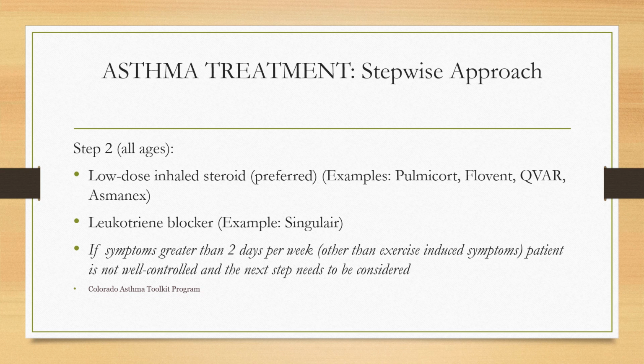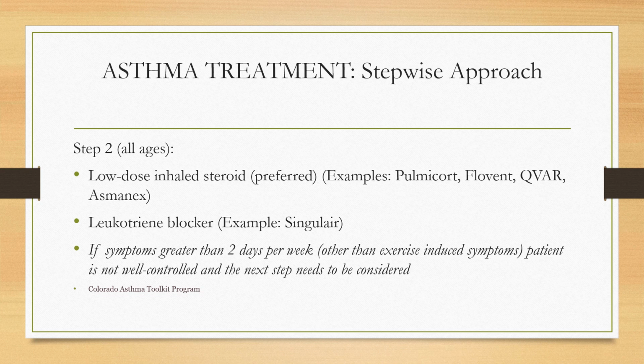Again, if your asthma symptoms, even with this particular regimen, are worse, and you're having more flare-ups greater than 2 days a week, you might have to step it up again. Now, stepping up and stepping down is acceptable. But at this point, you're having symptoms greater than 2 days a week. You upped your dosage to include a low dose of steroid inhaler.